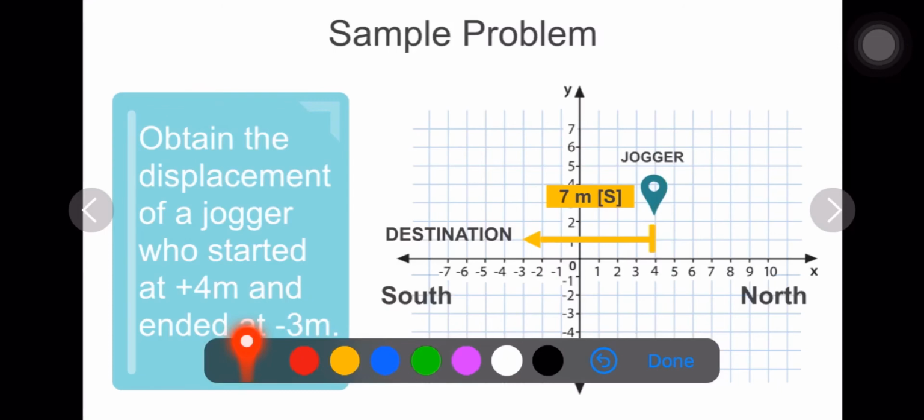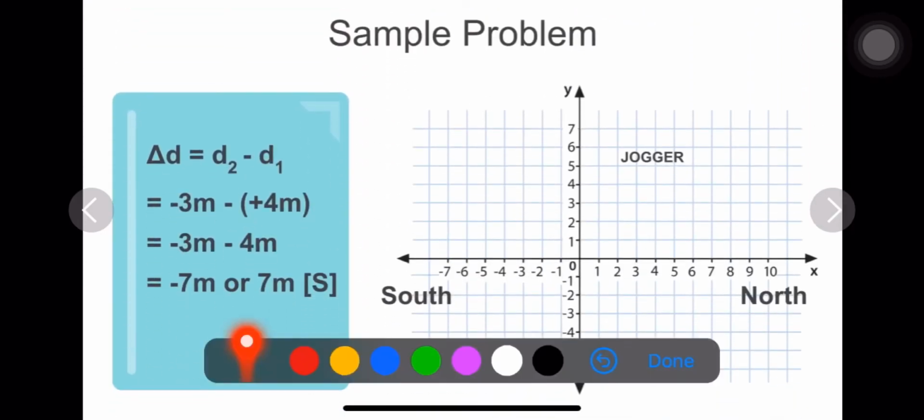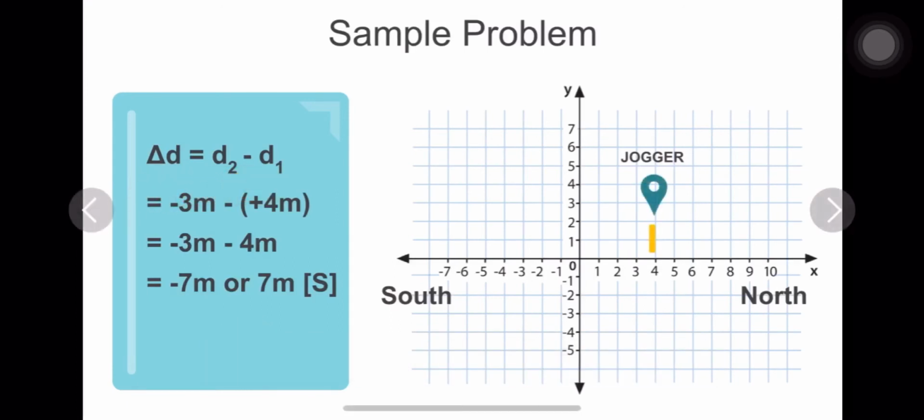But what if the points are like 99 or like hundreds? You can't count. That's not practical. That's why you're enrolled in this class, to make things easier. That's why we have the formula. Our formula here is delta D equals D2 minus D1.